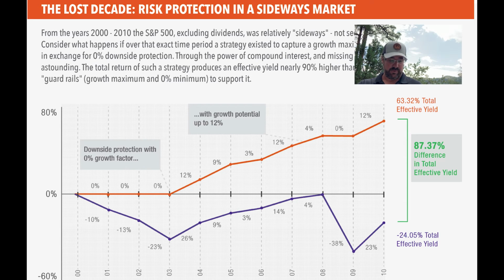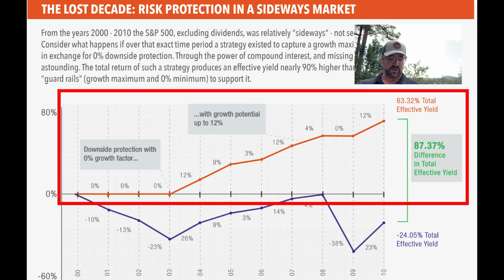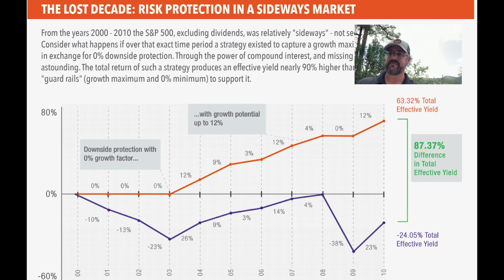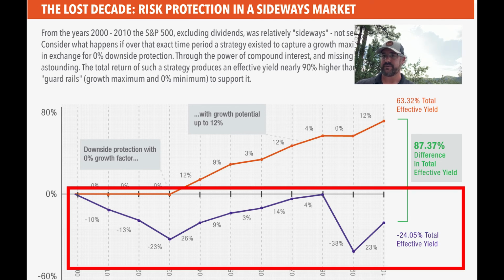And with this example, we went to 2000 to 2010, and we simply showed if you have a floor of 0 to protect during the losses and an upside of 12, you in the orange, you would get to see that in the really good years, you hit those caps, and in the bads, you hit the floors. But in that decade, there was an 87% difference of investing in an index, a derivative that has guardrails, versus just being in the open market, the S&P 500.